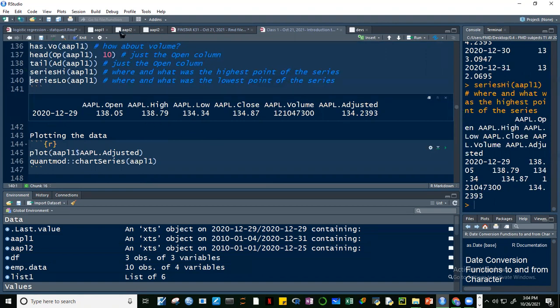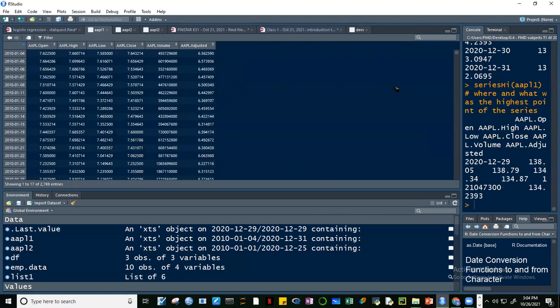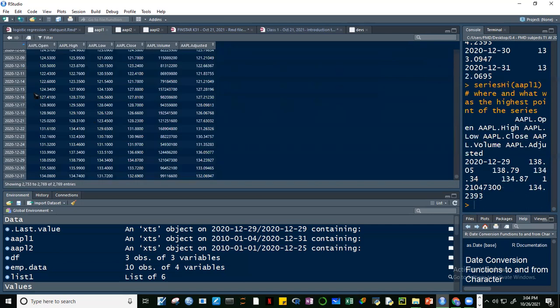138.79. So much so, guys, that if we check this, the high price, if we go down, you can see here that December 30, Apple's highest price was December 29, right? Was it December 29?